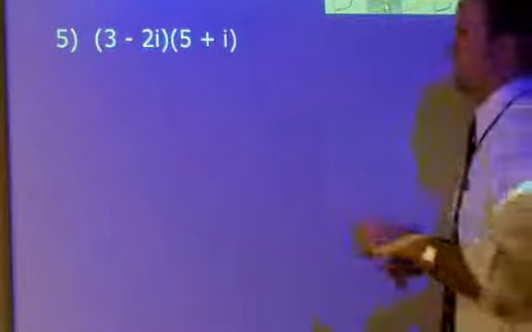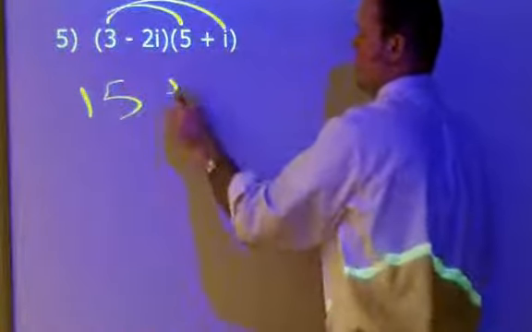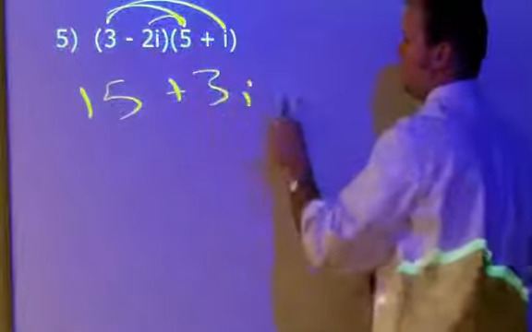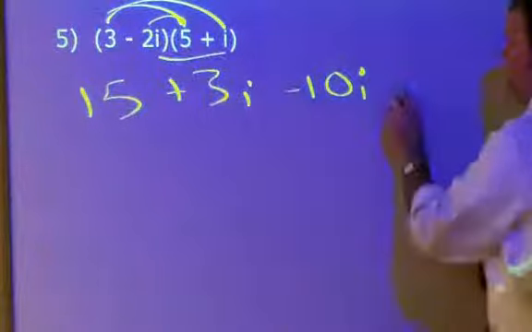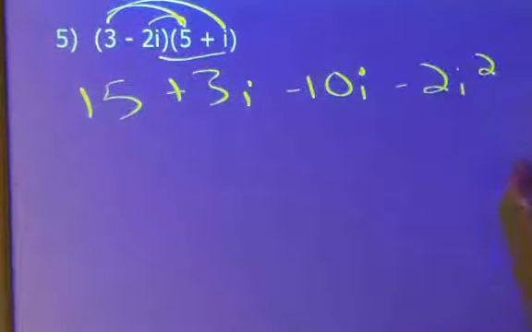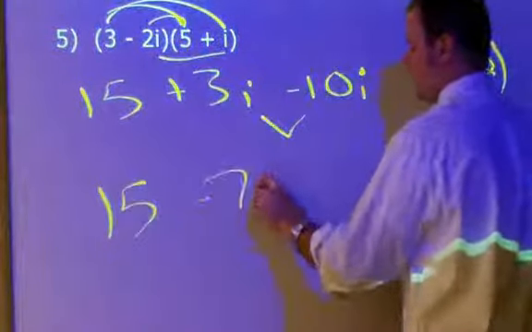Let's go with the yellow again. Alright, so I got 15. I've got plus 3i. You've got minus 10i. And we also have minus 2i squared. So maybe when you write that i squared, you just put it in parentheses like that. So you combine like terms in the middle. I got 15. I got minus 7i.